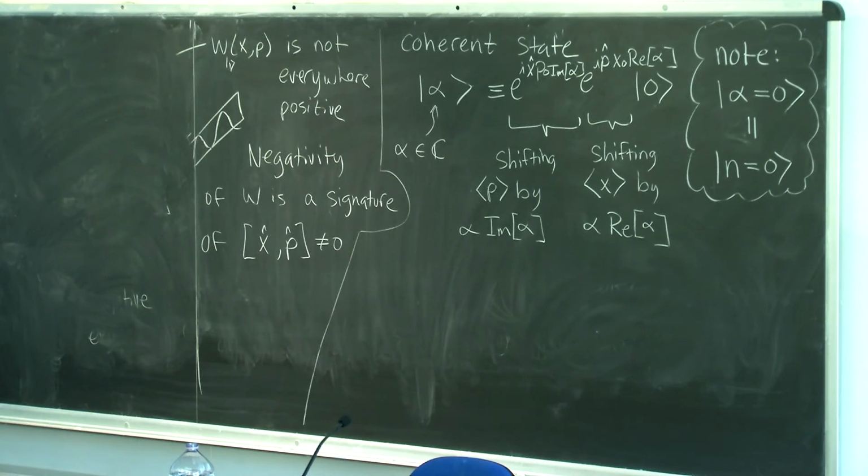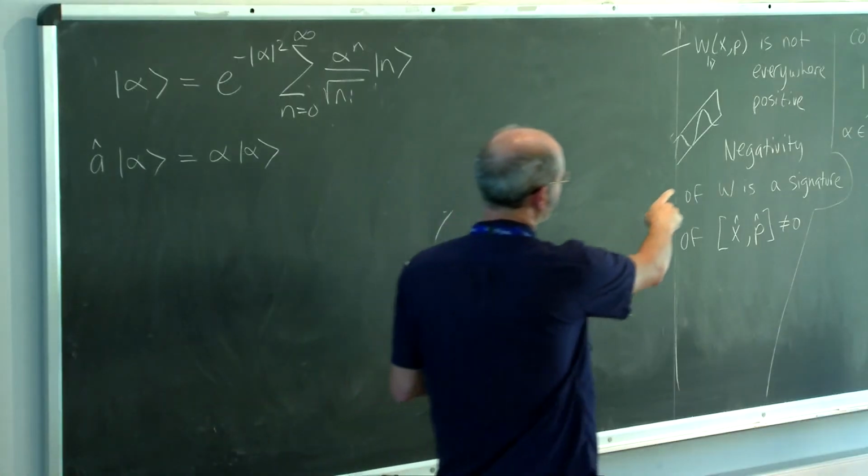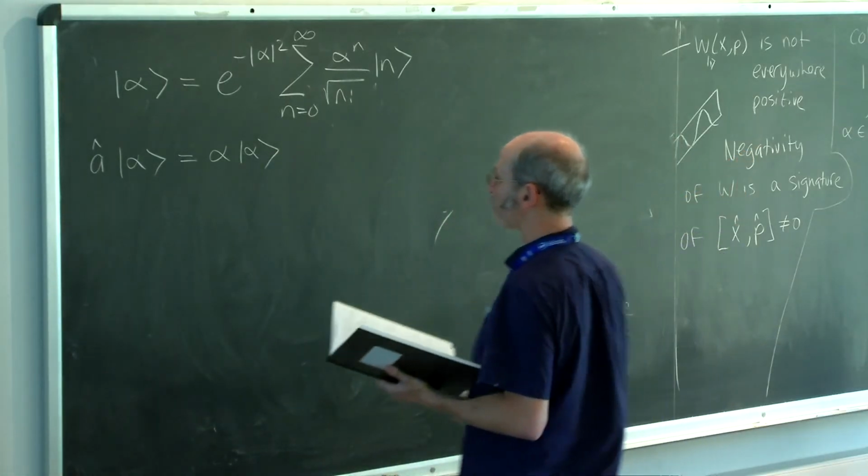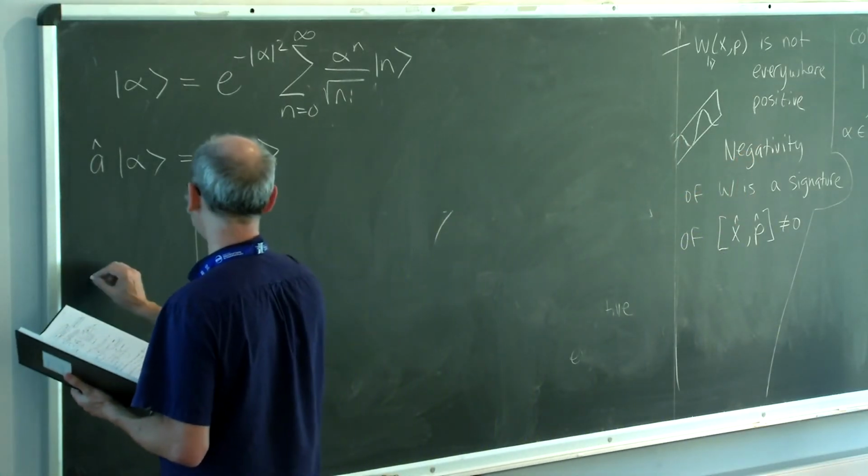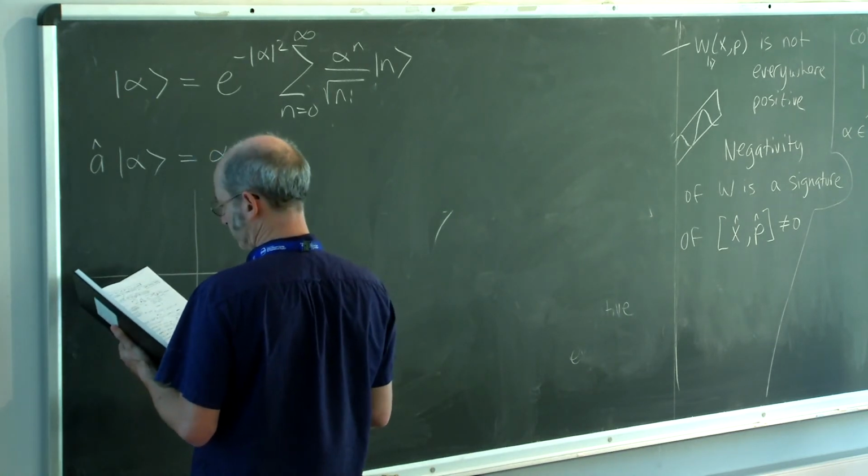And the other interesting thing about these states is that they are eigenstates of the lowering operator, and the eigenvalue is the index alpha. But really what I want to call your attention to is this definition over here, that a coherent state is nothing other than a displaced ground state.